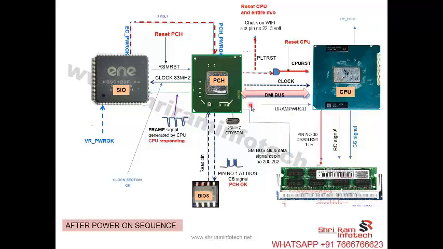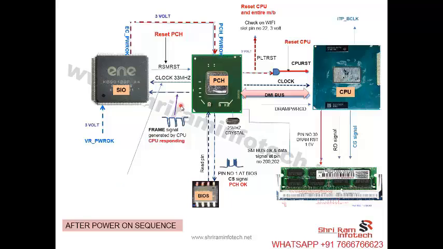And once this communication takes place, PCH also accesses the SIO, and this signal is known as a frame signal. This frame signal we can check on the LPC port of the SIO. It's called LPC frame. LPC frame is a signal generated when the CPU accesses that bus, the DMI bus.